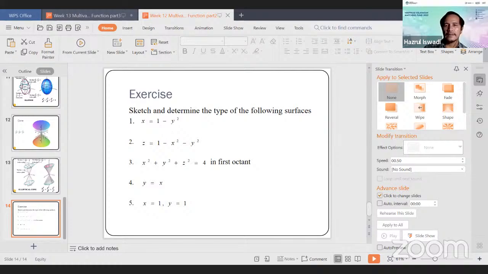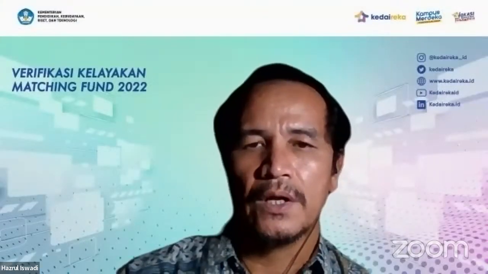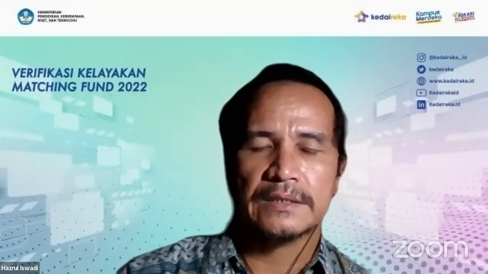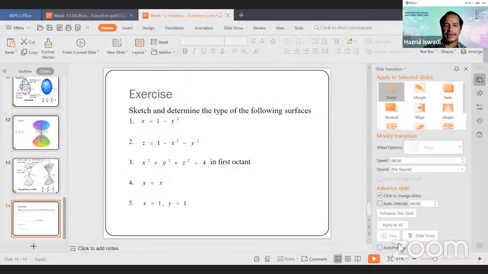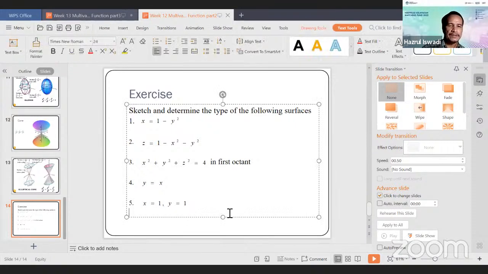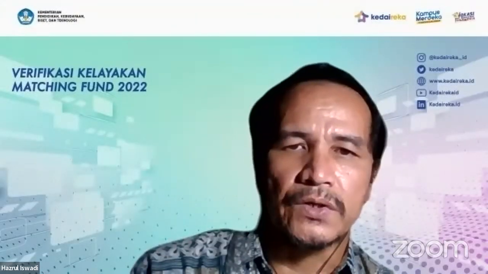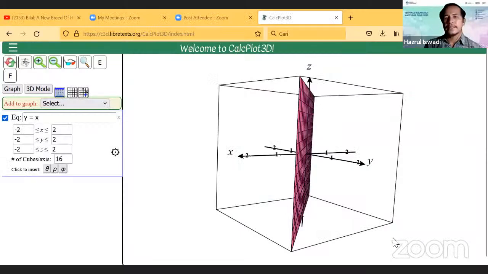Okay, let's continue to the last exercise. The last exercise says that we should sketch this equation. This will be a line. We draw it by using Calculus Plot 3D again.